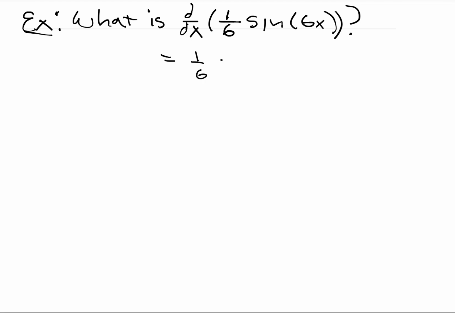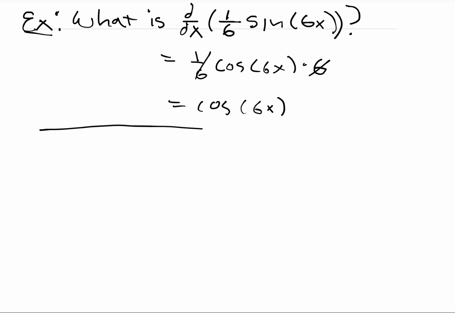My derivative of sine is the cosine function, and the derivative of my inside, 6x, is just 6. Now notice, I get a cancellation, so the derivative of that above function is just cosine of 6x.